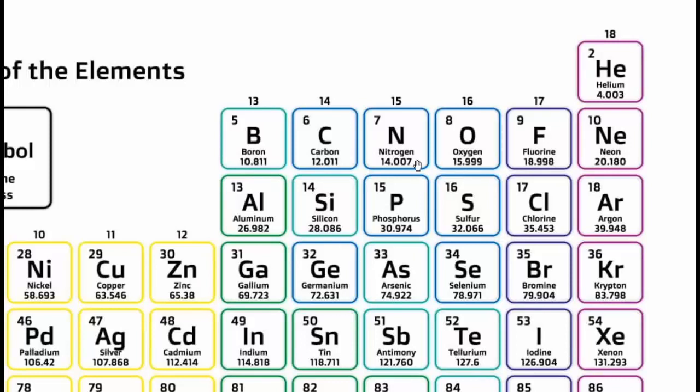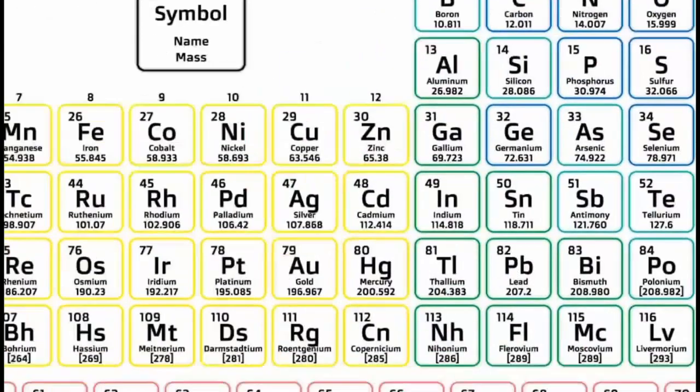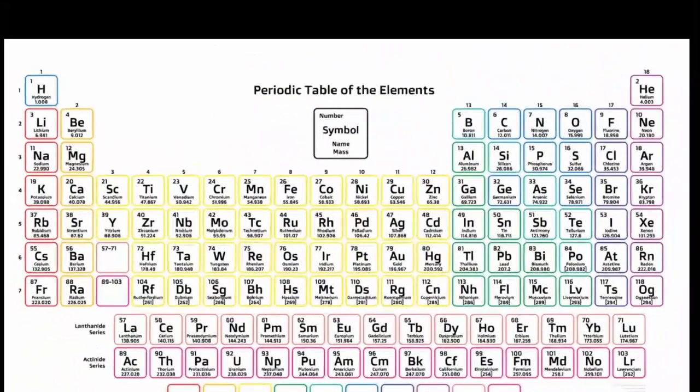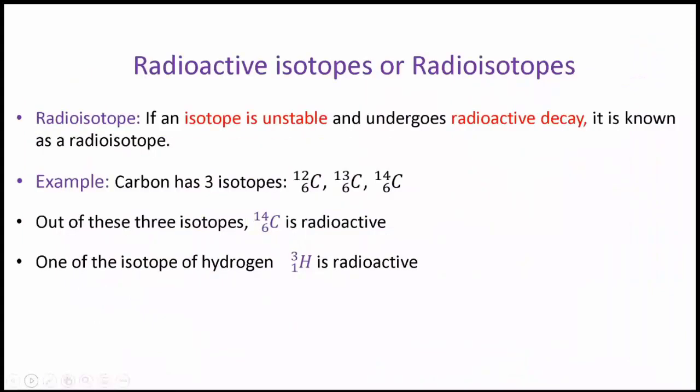But for oxygen or nitrogen or carbon, it's very obvious. It's very clear. Helium also, 4.003. That means helium 4 is the most common one, and so on. It's just a rough estimation. When you look at the periodic table, you might expect what the most common isotope of this element is. But don't use it for all the elements.